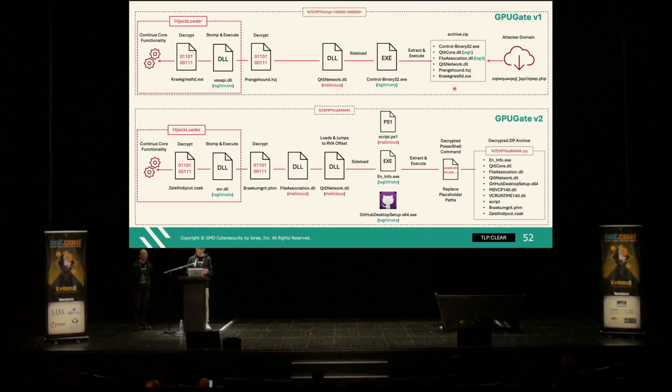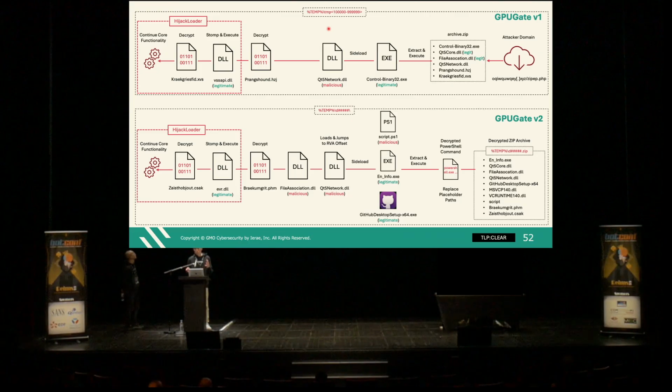The first one is this control binary 32xe, which sideloads this legitimate but maliciously modified DLL. The directory it runs from sits under the Microsoft Defender exclusion path set by the PowerShell script. As a result, these files can run without being scanned by Microsoft Defender.